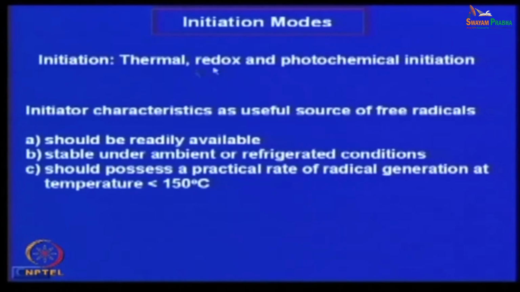Here only 3 cases are mentioned, say thermal initiation by thermal excitation of the monomers' initiators. Those initiators decompose to form primary free radicals. Those primary free radicals initiate a monomer to form a polymer.